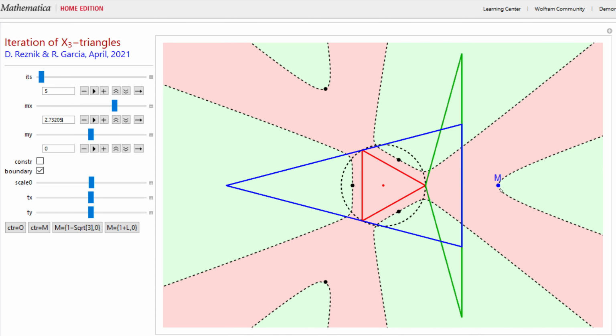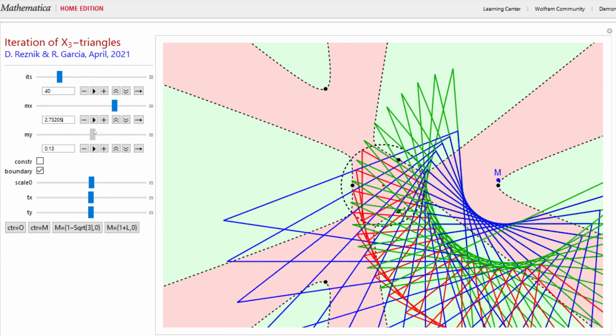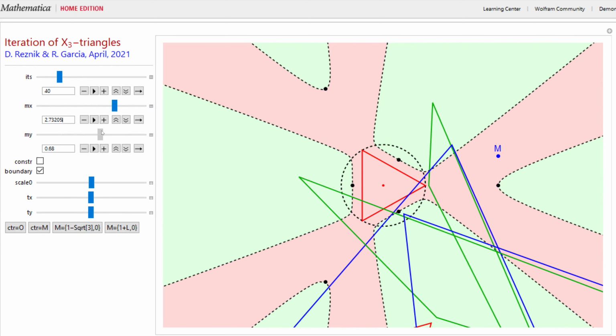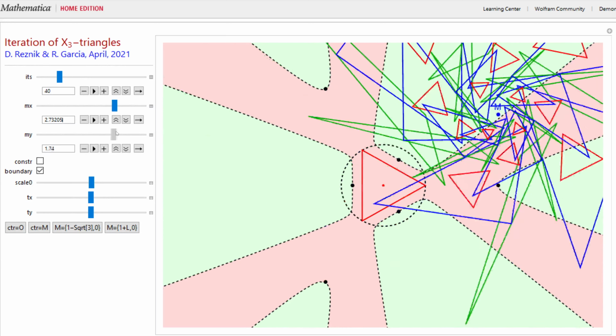Okay, so this is the result, guys. As M moves around and I iterate my triangles, for example, 40 iterations, I have these zones of divergence and I have zones of convergence.